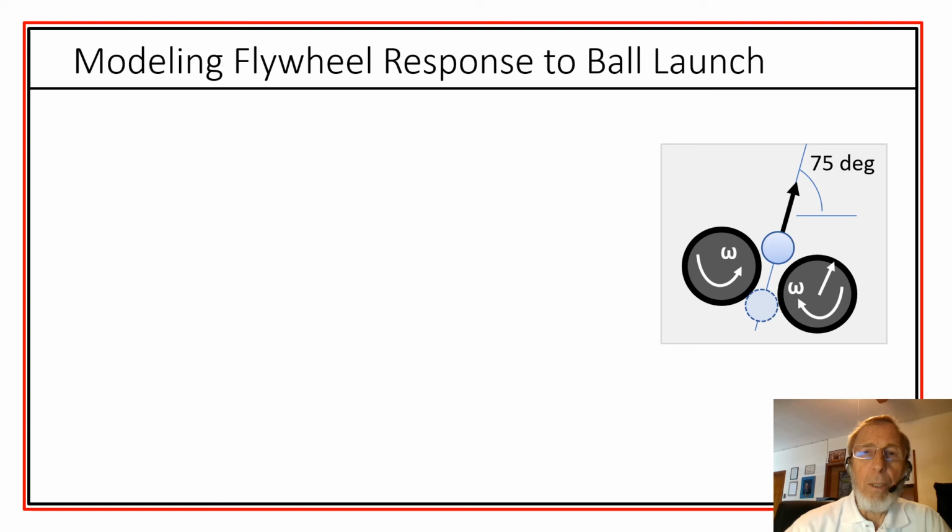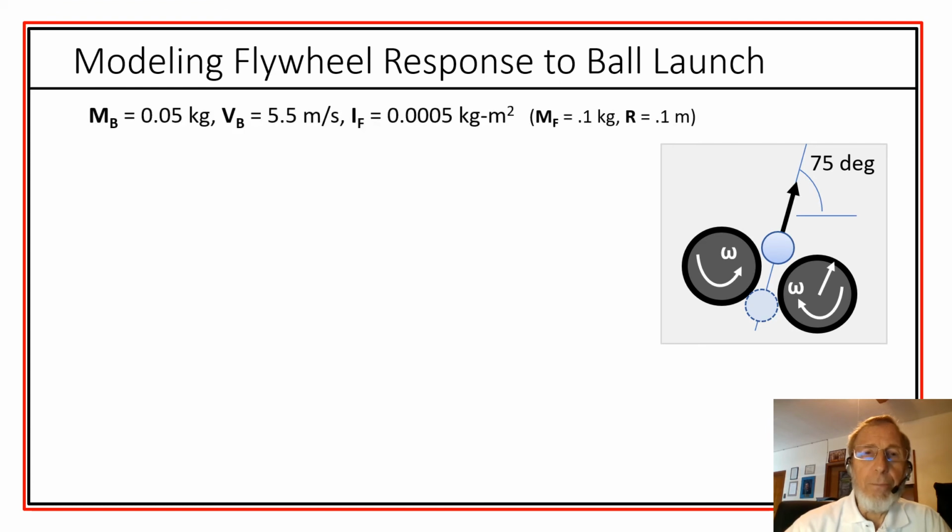Well, we can then model these responses. We have to assume a certain mass for the ball, velocity for the ball we've defined, mass moment of inertia I for the flywheel, and this I was calculated based on the assumption that our mass of the flywheel was 0.1 kilogram, its radius was 0.1 meter, and we're assuming that it's like a cylinder spinning about its axis to give us that mass moment of inertia around that central axis.